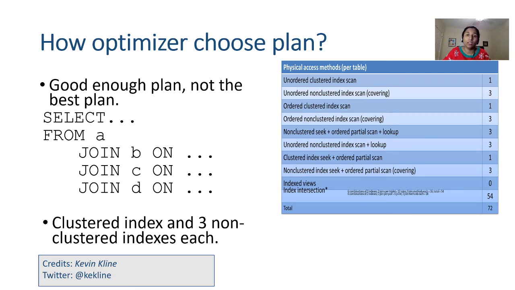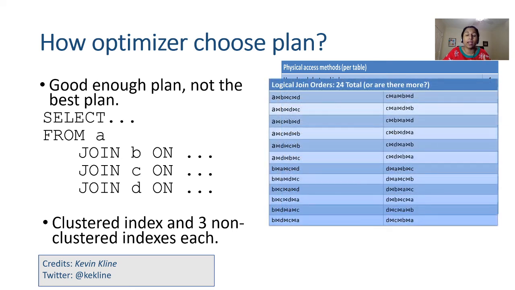On top of it, the optimizer has to analyze 24 different types of logical join orders. Now what are these logical join orders? We have a 4-table join statement here. For example, the join between A to B will filter out 60% of the records from the result set, and the join between B to C will filter out 90% of the records from the result set.